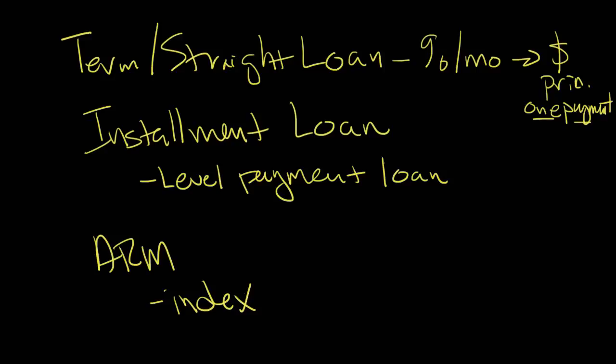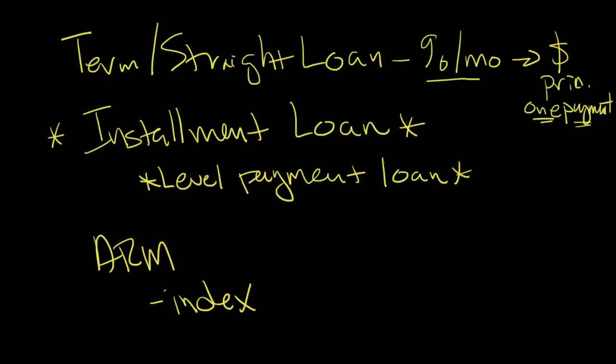A term or straight loan: again, your monthly payments consist of interest only, and then at the end of the term, you have to come up with one big giant payment to pay off the actual amount borrowed. What we usually use in real estate is the installment loan that has a level payment.